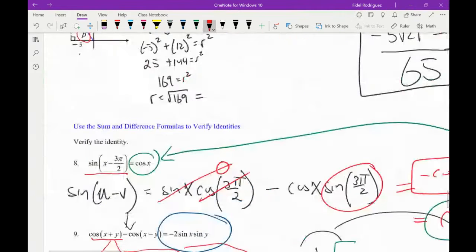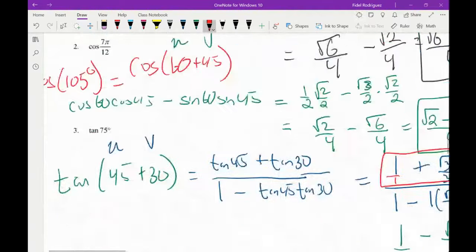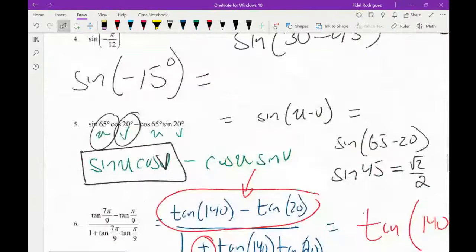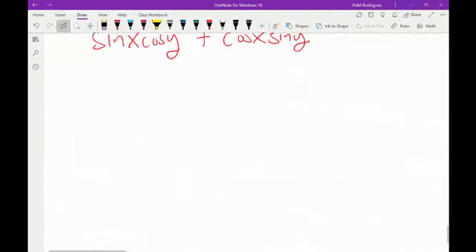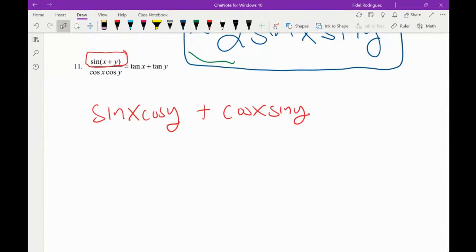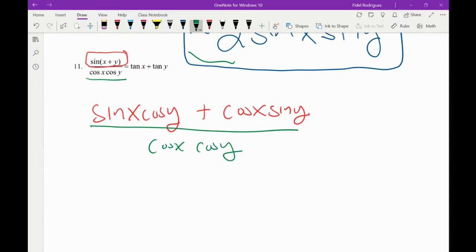Okay. And let me just make sure that I copied it down right. Yes, it was a plus. Okay. All of that is over what? Cosine x, cosine y, right? Okay, so I'm going to go like this. Cosine x, cosine y. Okay. I want you to notice what we have here. We have a combined fraction. We have this piece plus this piece all over the same denominator.